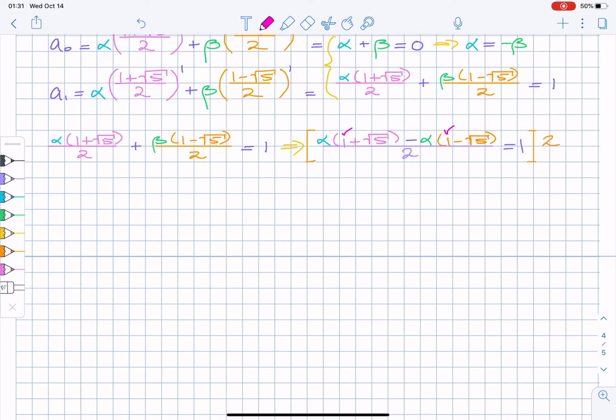Then I'll have alpha root 5 minus a negative alpha root 5 is equal to 2.